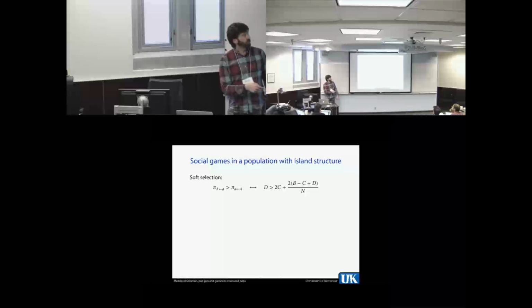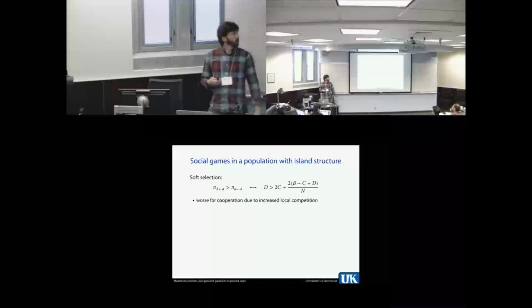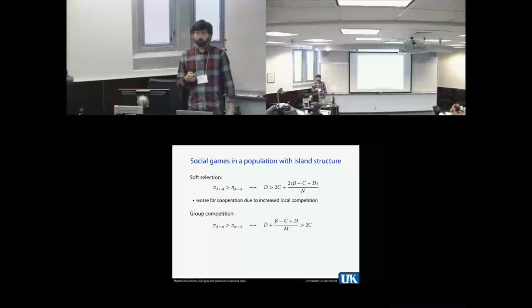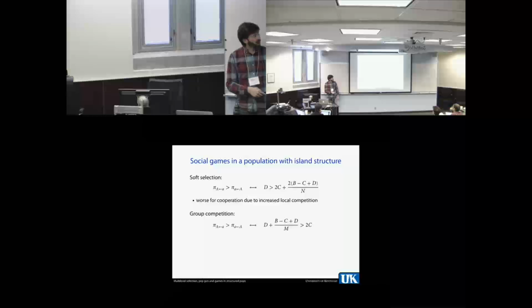Effectively, this is increased competition within the group. So this would in some sense even incentivize harming within the group. So cooperation is worse under these conditions. If you allow for group competition, though, then the condition turns out to be this. Remember, D greater than 2C was the unstructured result; now you've added on the left-hand side the effect of what two cooperators get working together, divided by the number of migrants.